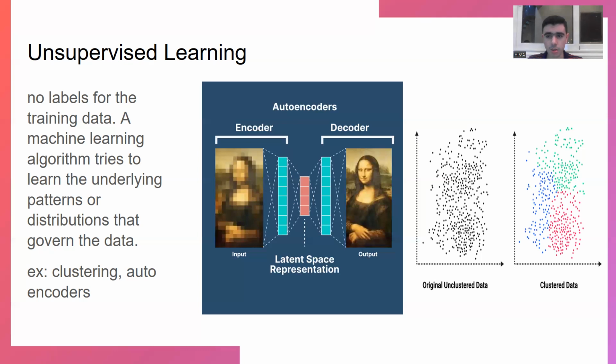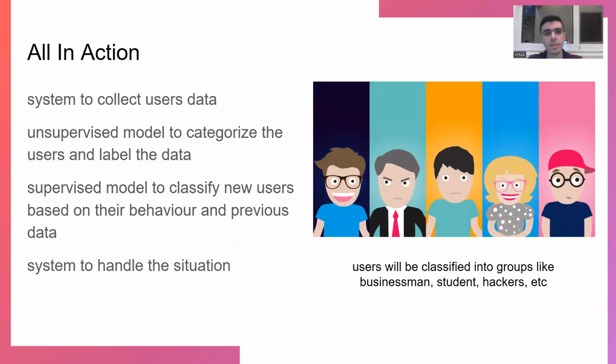So what can this be helpful in? Let's take an example. Let's assume that I have a website and this website has a system that collects user data. Okay, so now I have large amounts of data. I will give this large amount of data to an unsupervised model so it can categorize the users and give a label for each group of them.